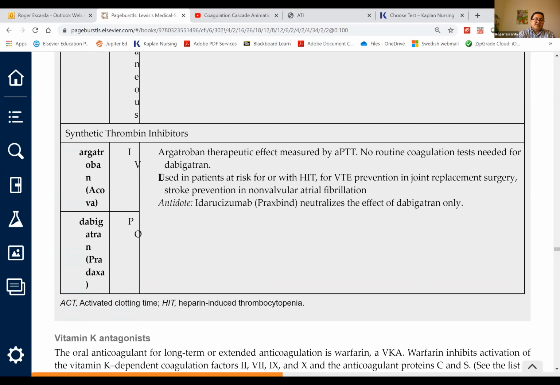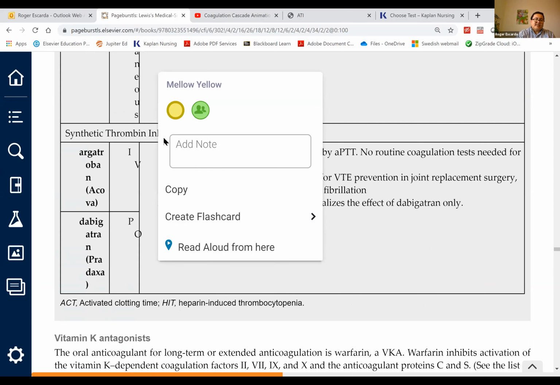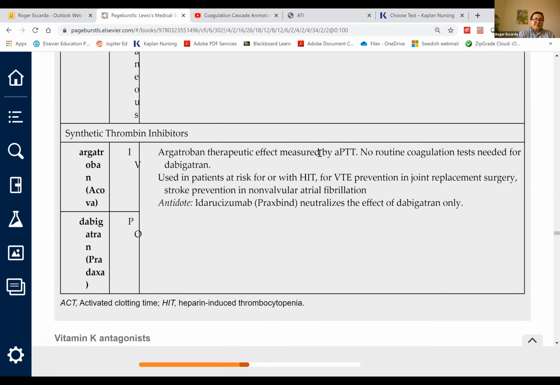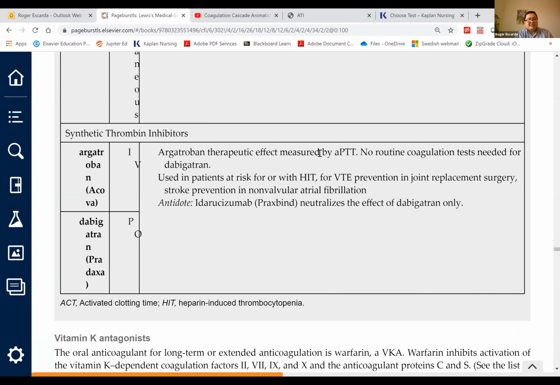Argatroban, this is used in patients with HIT, meaning it's still a direct thrombin inhibitor, but it's not heparin. Meaning if your patient develops HIT, but they need anticoagulation, then this is your option. This is the alternative. This one still prevents clotting, but without the thrombocytopenia.